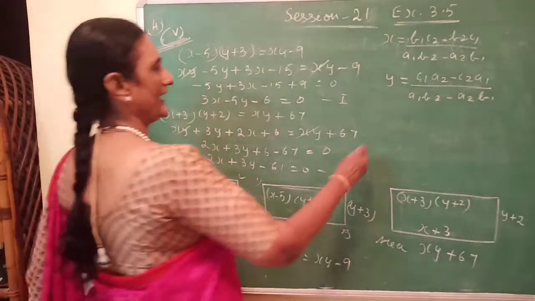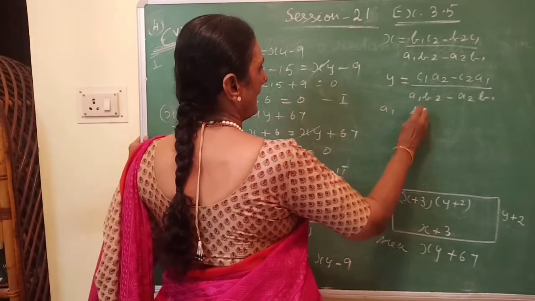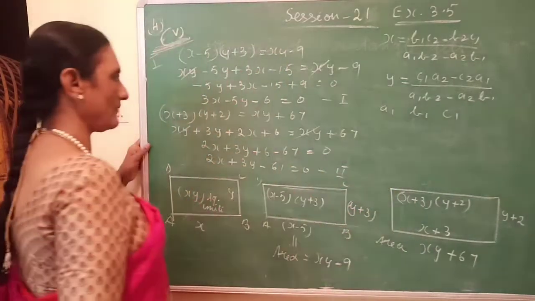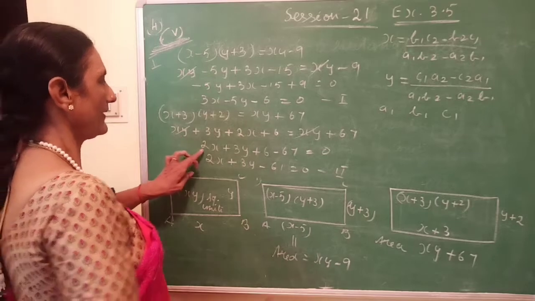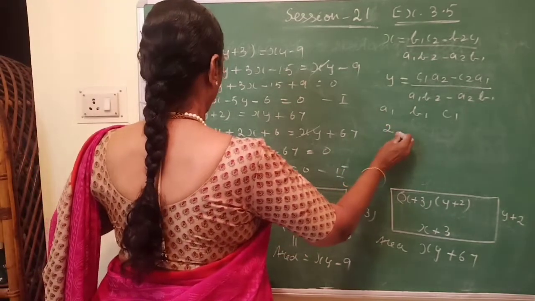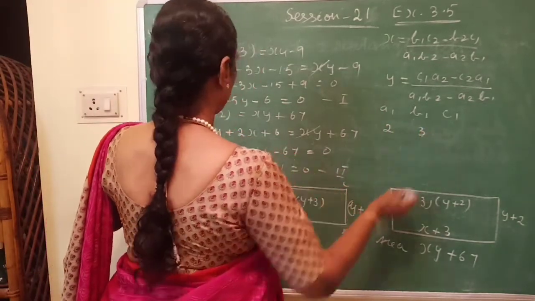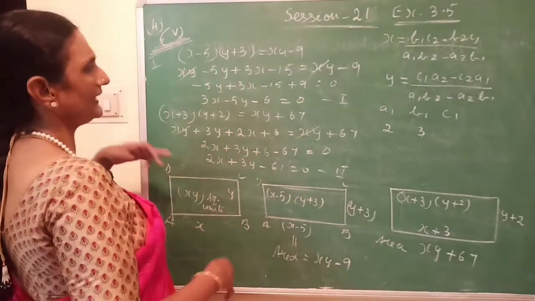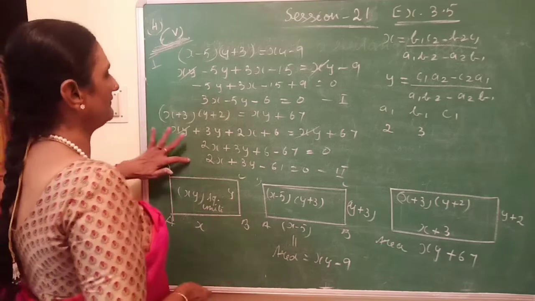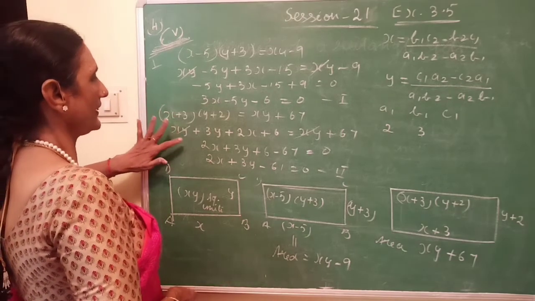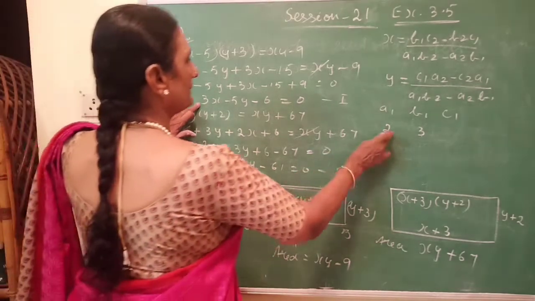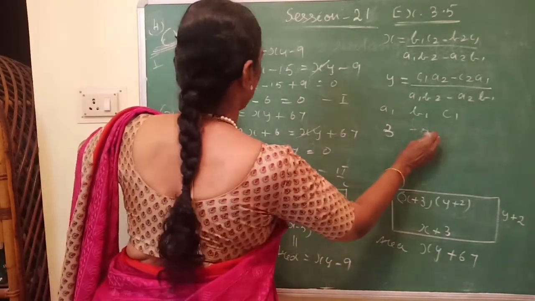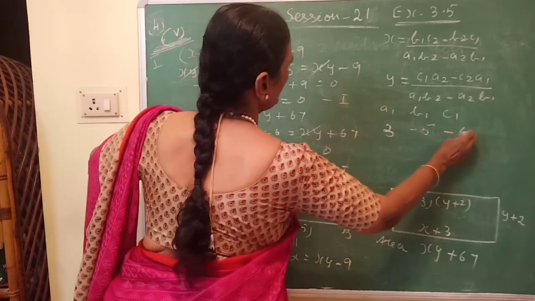Now what is your a1 equal to? a1, b1, c1. So a1 is equal to 3, then b1 is equal to minus 5, c1 is equal to minus 6.